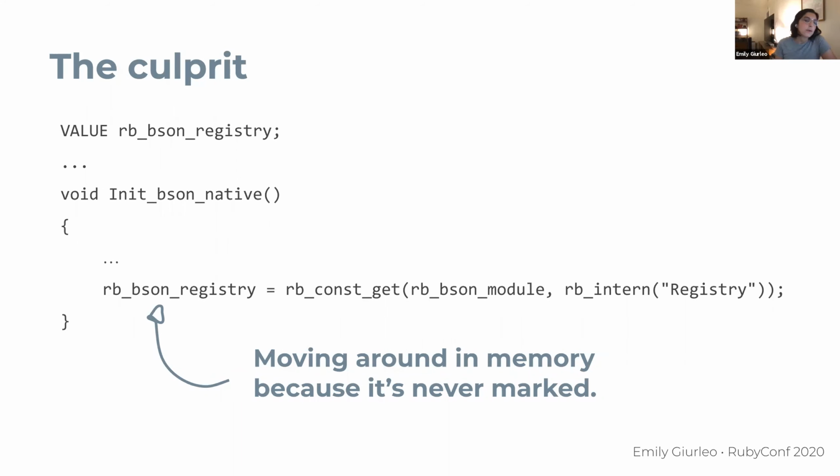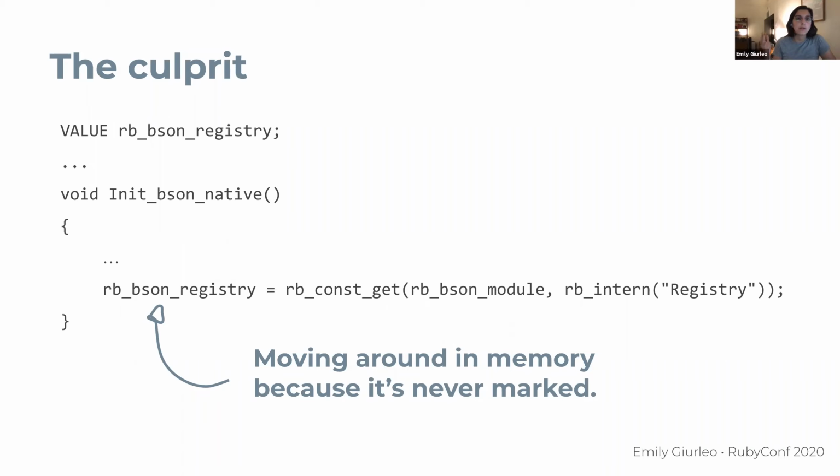This is code from the bson gem. You'll see that there is a variable called rb_registry that's being initialized in the init_bson_native method. That's the initializer for the bson C extension.